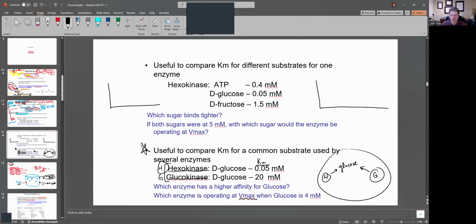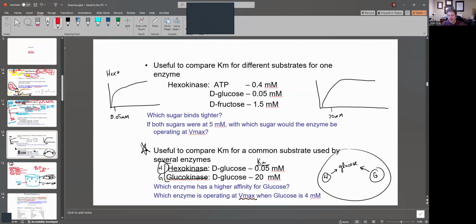And it doesn't have to be a very involved graph. You're drawing the same thing, but you're just labeling them differently. This is for hexokinase. My Km right here is 0.05. Okay. Then for this one, 20 millimolar.